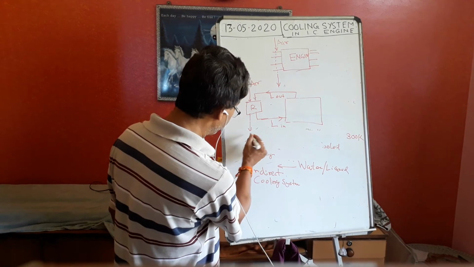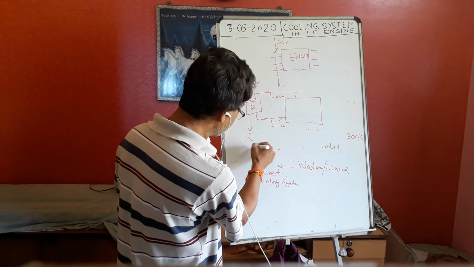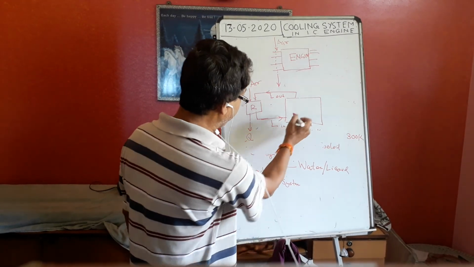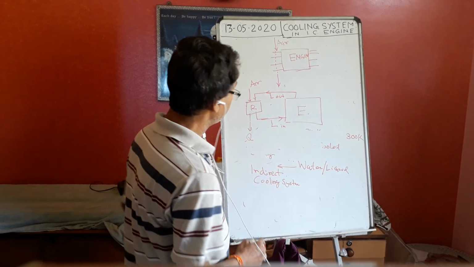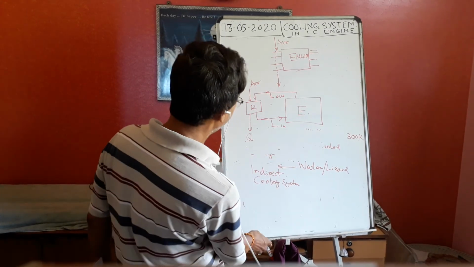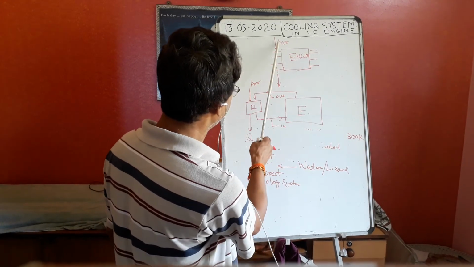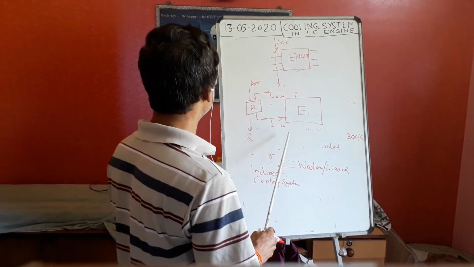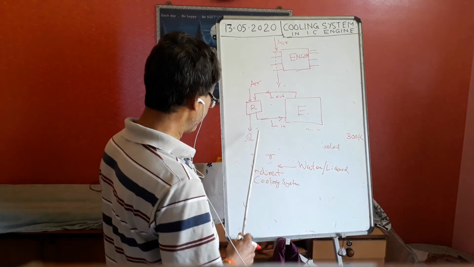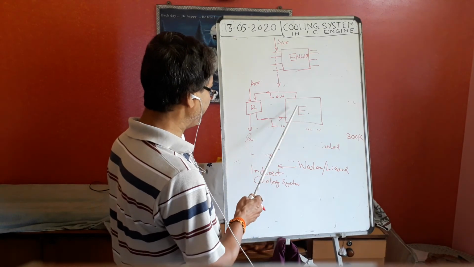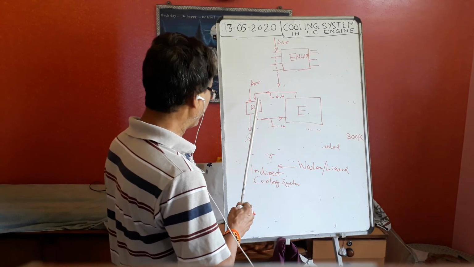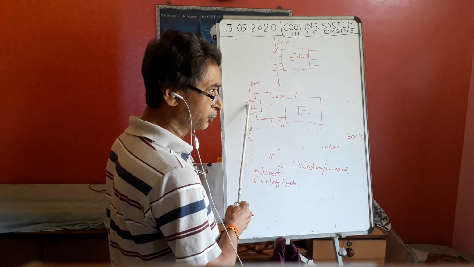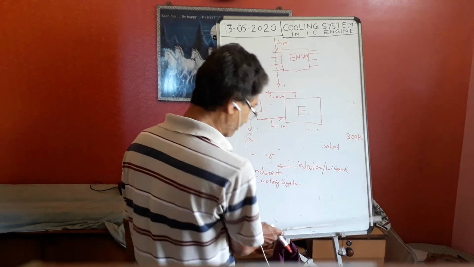So this is the indirect process. The air cooling system is called the direct system, where air directly takes out heat, and water or liquid cooling is called indirect, because first the heat is taken by the liquid and then from the liquid to air.